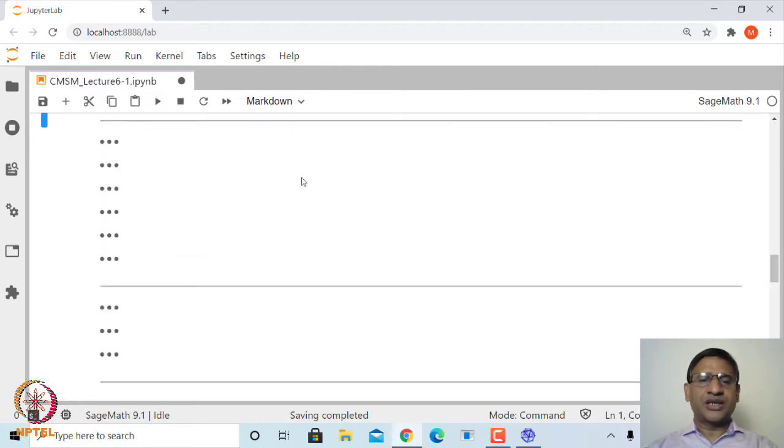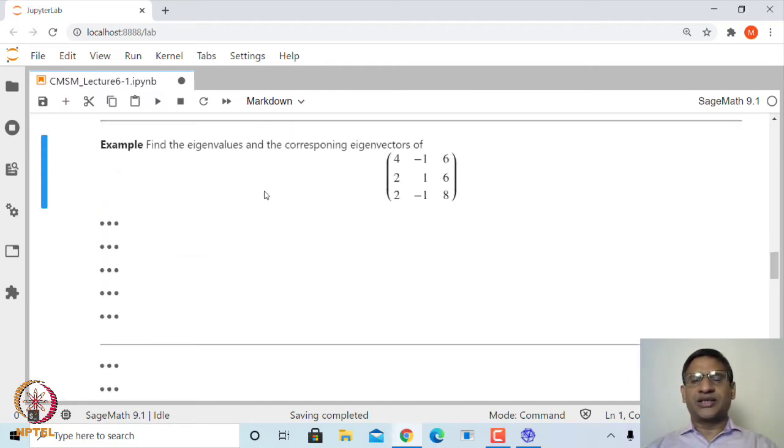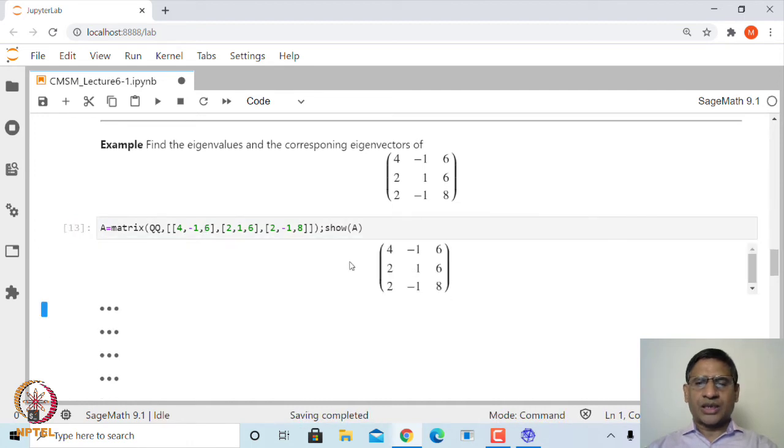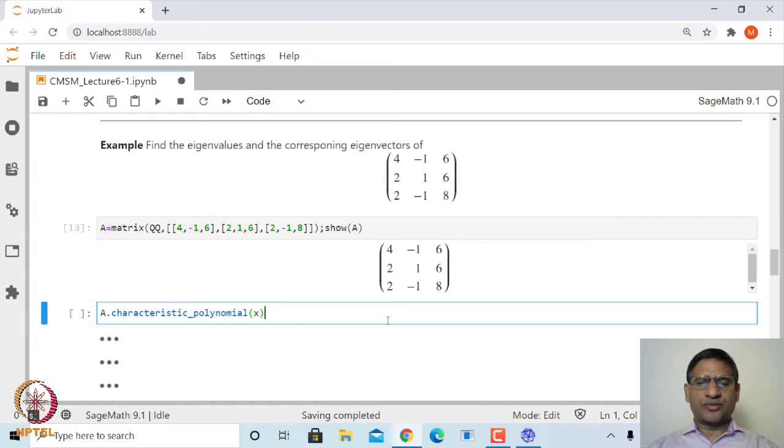Let us take another example, a 3 by 3 example. This is a 3 cross 3 matrix. We want to find eigenvalues and eigenvectors of this matrix. Okay. So, let us first define this matrix A, and how do we find the characteristic polynomial of A?